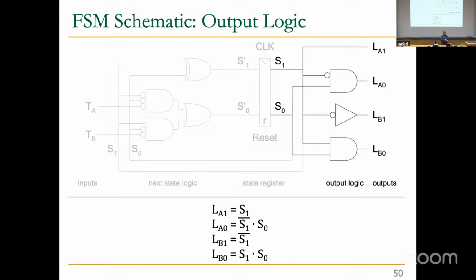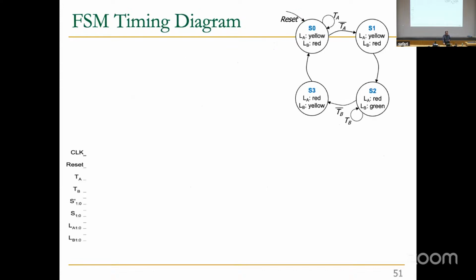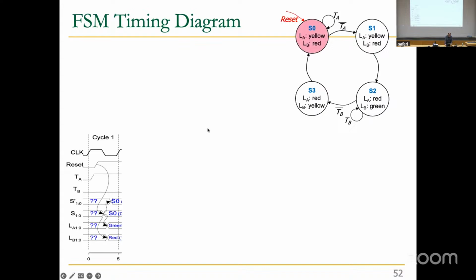Any question? Okay, good. Let's also quickly check the timing diagram. We're going to look into timing in a lot of detail next week, but today is just to prepare you for that. These are the signals that we have: the clock, reset, TA and TB.